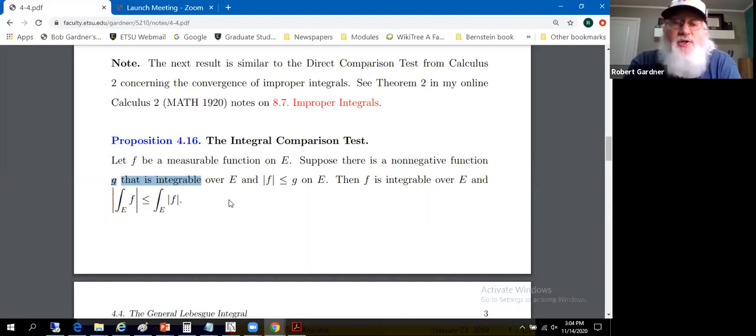So we've got a function g that's integrable, that is, the integral of its absolute value is finite, and the absolute value of f is less than or equal to g on set E, then f is integrable over E, and the absolute value of the integral is less than or equal to the integral of the absolute value of f. Okay, so what we're doing is dominating this function f by a function g in this sense, where the function g is integrable.